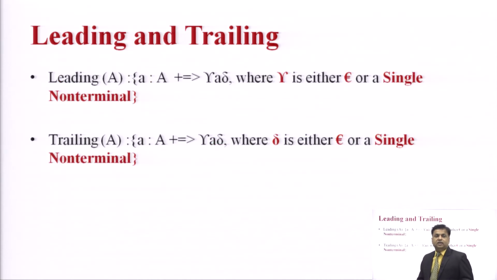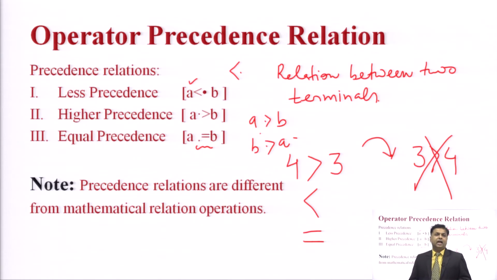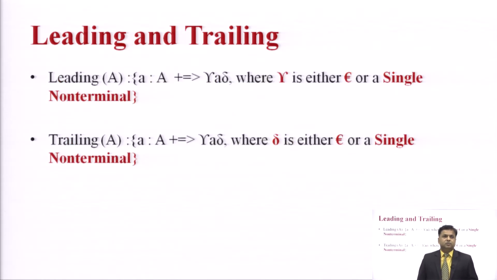Next is the concept of leading and trailing. If I go back, I am interested in finding out the relations between two terminal symbols. How can I find out the relation between two terminals? For that, there is the concept of leading and trailing. Leading and trailing help us to find out the relation between two terminal symbols.